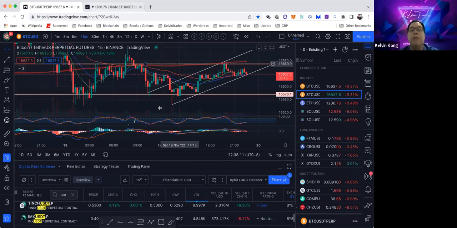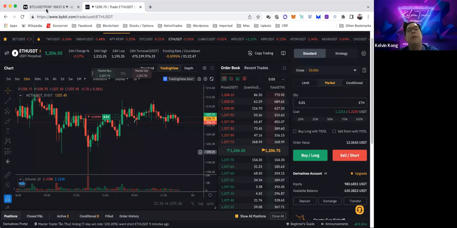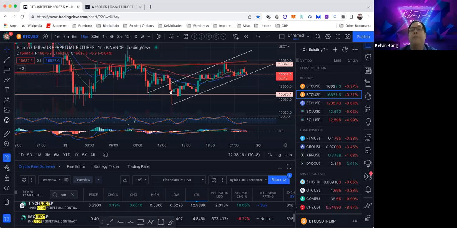Normally, if we don't have this cool feature, which I'm going to show you next, we need to close the order first. Let's say over here we open a long position. When Bitcoin goes up to here, we need to close the long position first, and only then can we enter and key in our short position.